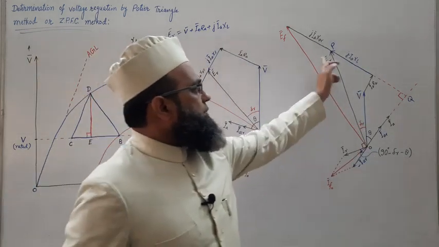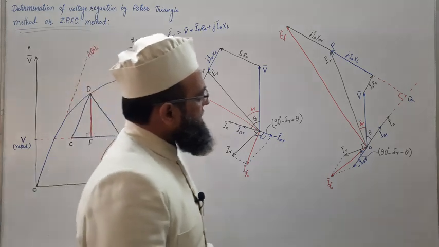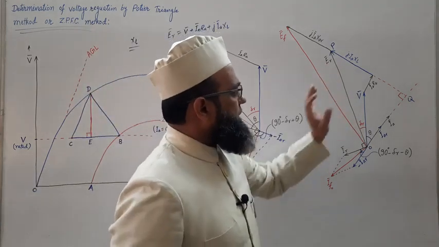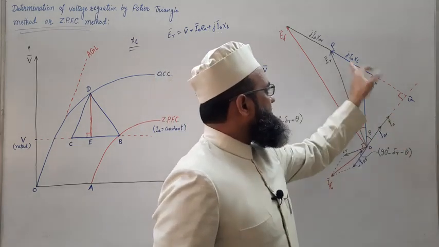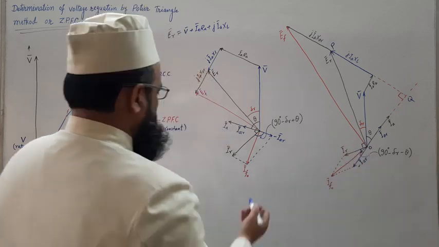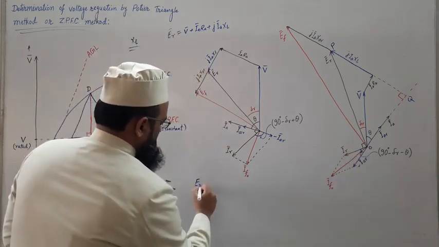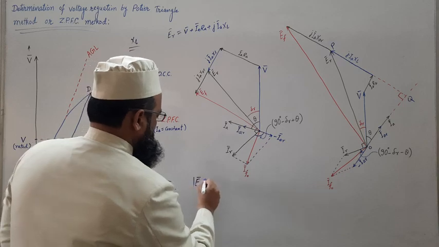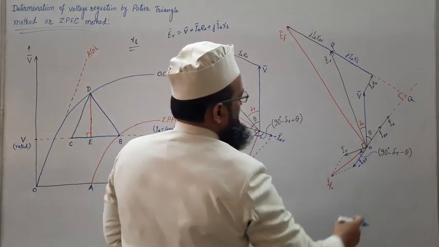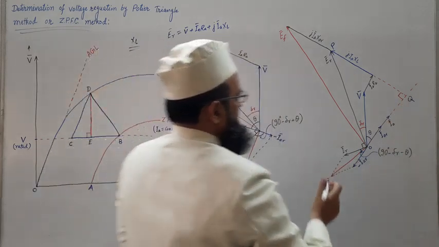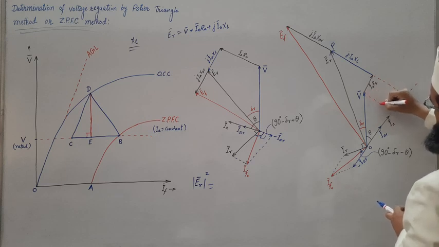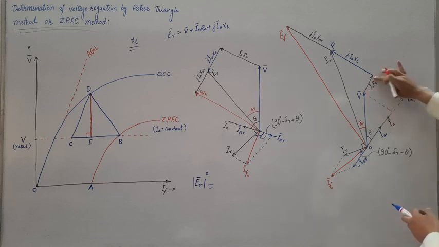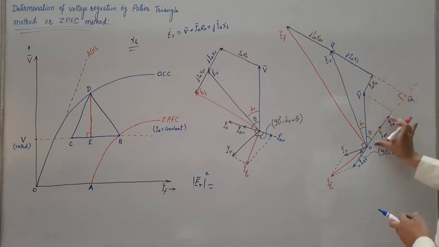So in the right angle triangle OPQ, if you want to get this ER, that is the hypotenuse, then we need to take the square root of the square of this side plus the square of this side. In other words, we may write the magnitude of ER: take the square of the hypotenuse, and this side squared. So we know this is V, draw a perpendicular. This will be a parallelogram, and this will be the horizontal projection, V cos theta plus IARA.